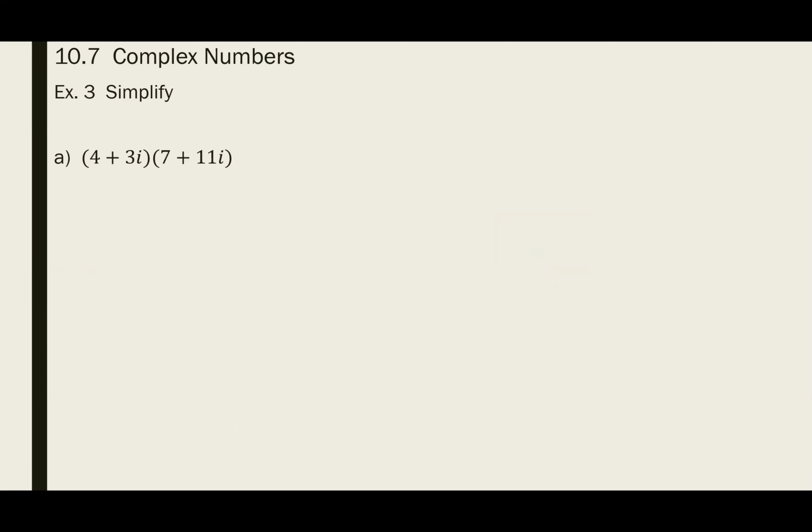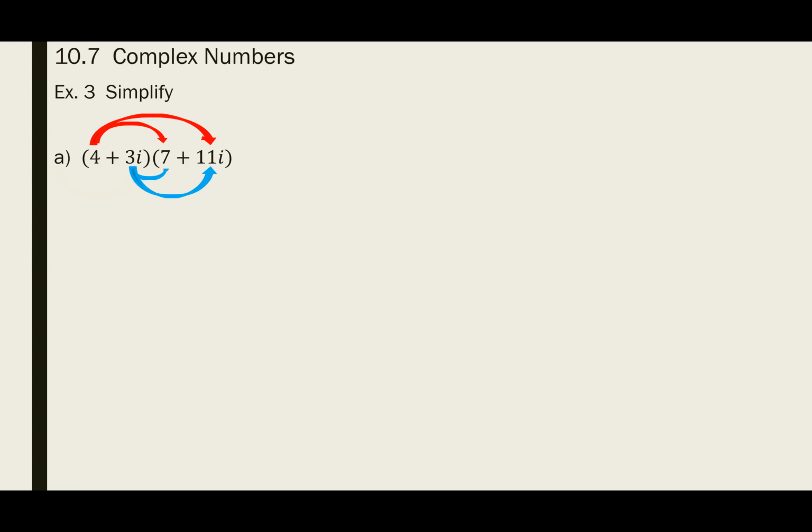Just like before, whenever we try to multiply a binomial, all we need to do is distribute. We do a FOIL: first times first, outside times outside, inside times inside, last times last.